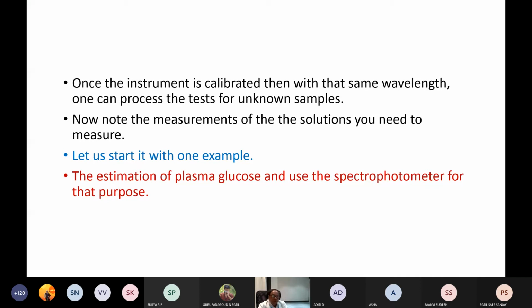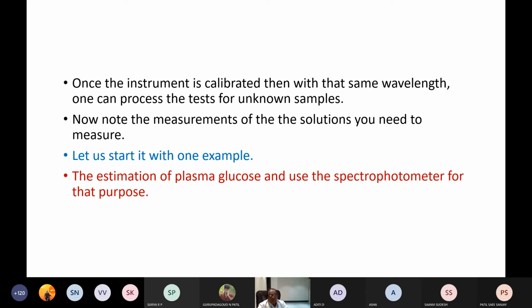But now I am showing the procedure and the way it will be calculated, taking the spectrophotometer into account. It can be done with the colorimeter also, because it can measure in the visible range. Whichever is in the visible range, we take for the estimation with either a colorimeter or a spectrophotometer.